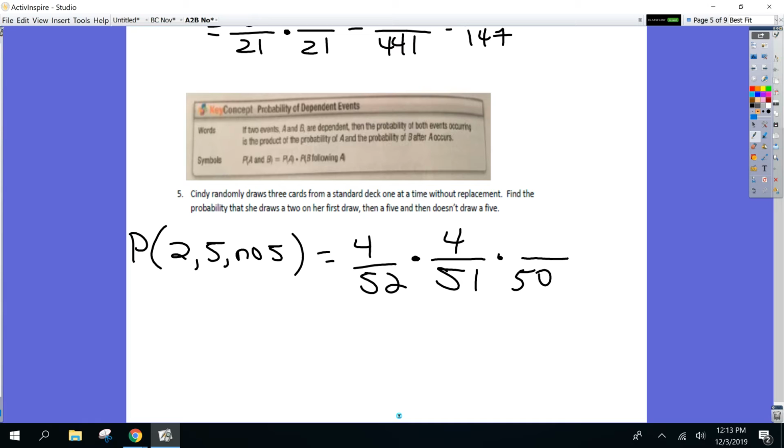How many 5s are still left in the deck? 3, right? Because you picked one of them already. So out of the 50, if 3 of them are 5s, how many are not 5? 47. So again, that was a 2. That was picking the 5. And that was picking a non-5.